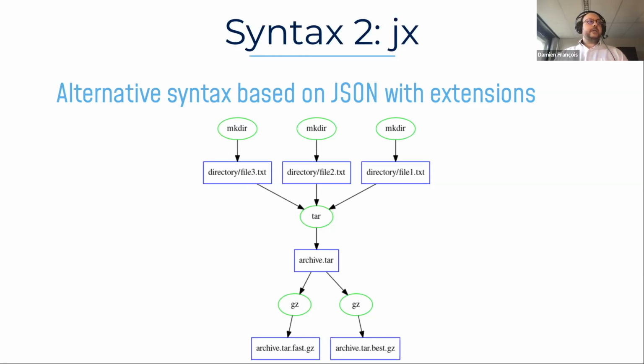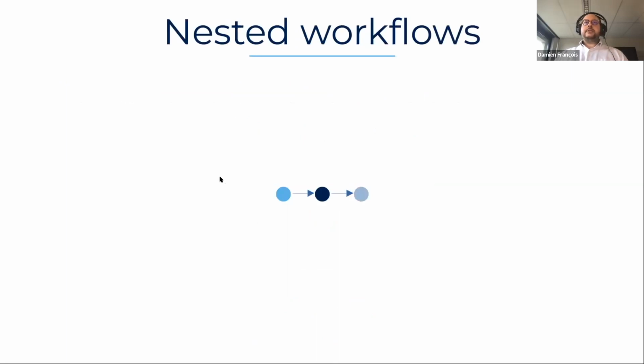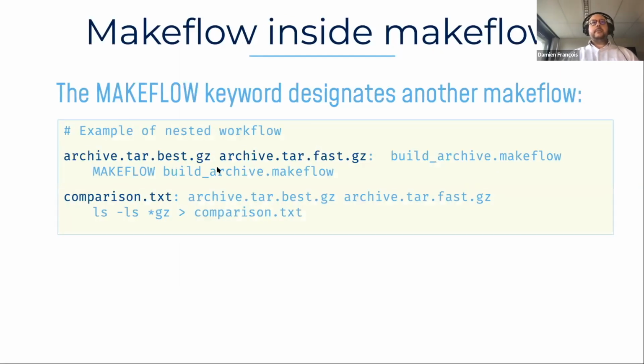So the second topic I wanted to talk about is nested workflows. So when you have a workflow where one of the steps is itself a workflow. In the Makeflow syntax, it would look like this. So simply using the MAKEFLOW keyword here will say that the rule here has a sub workflow. And you see here that the sub workflow in question is the example I've been using in the rest of the presentation.